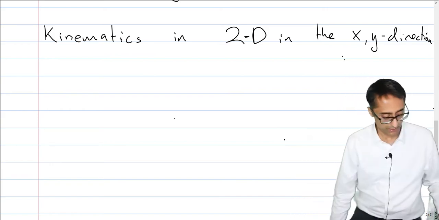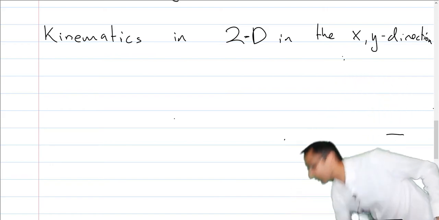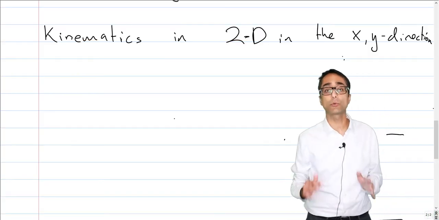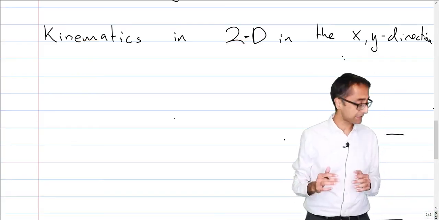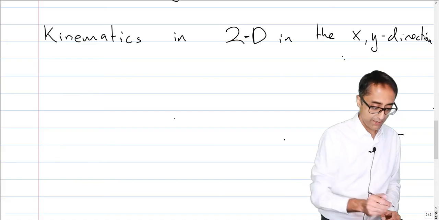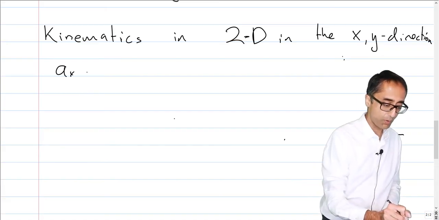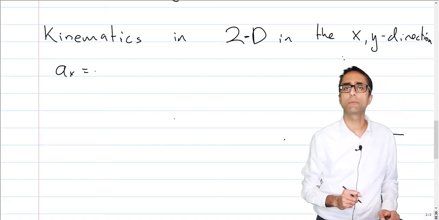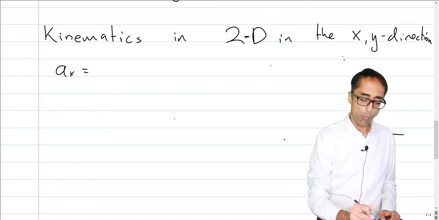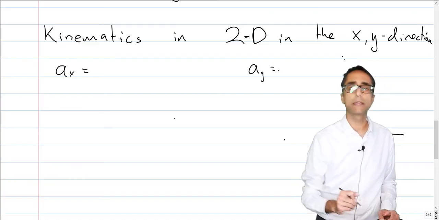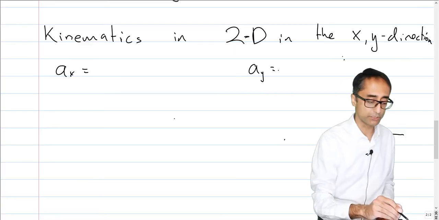And so the first thing that we want to understand is what the acceleration is in the x and the y direction. And so think about it for a second. What is ax in projectile motion? What is ay in projectile motion?